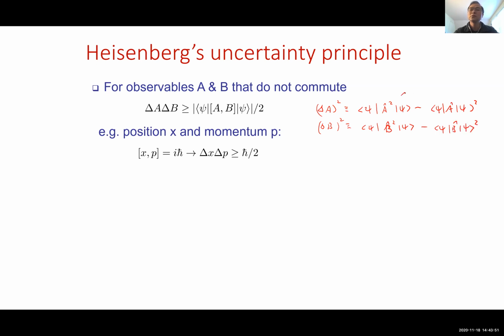You could also absorb it so that you define this as the average of (A minus A average) squared, where A average is defined as the expectation value of A with respect to psi.